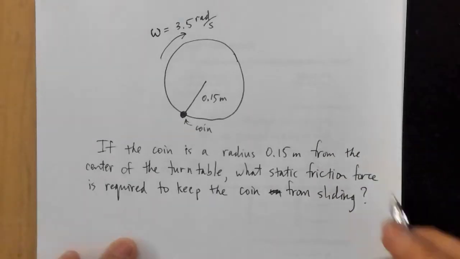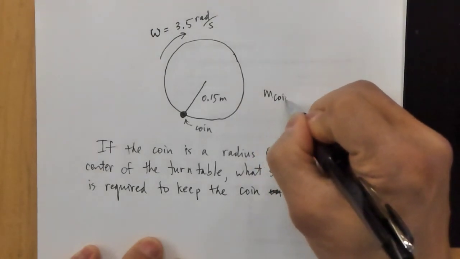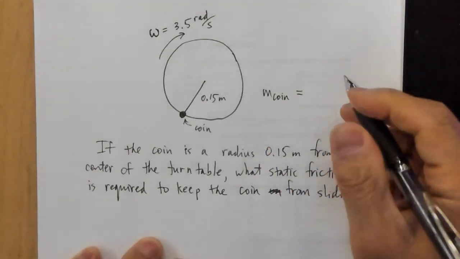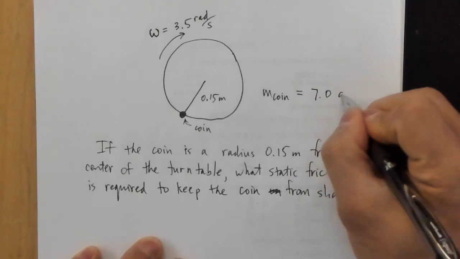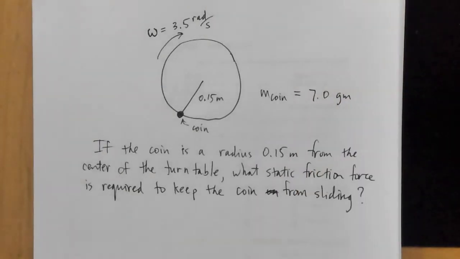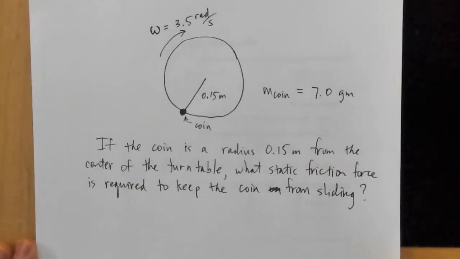And that should give you the mass of the coin, which is going to be 7.0 grams. I'll write GM so you don't confuse it with G. Okay.